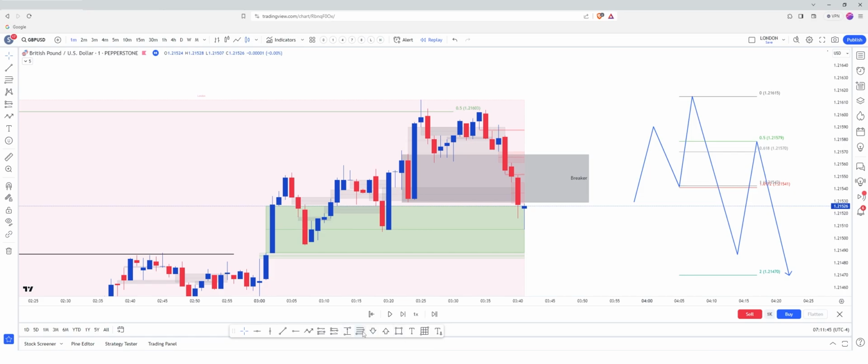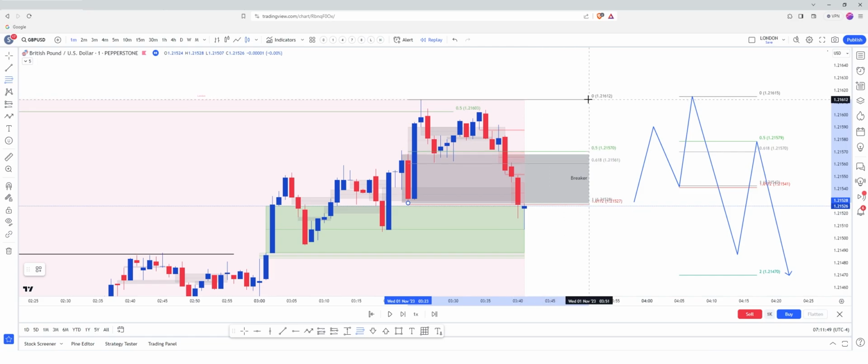Now, for this trade, I pulled my fib from the low to the high. So we do have our unicorn model, but I'm trying to refine this to give myself a better risk to reward. So again, we're looking at premium and discount of this bullish price leg. We want to be selling in this area. So we do have this fair value gap just below this bullish order block.